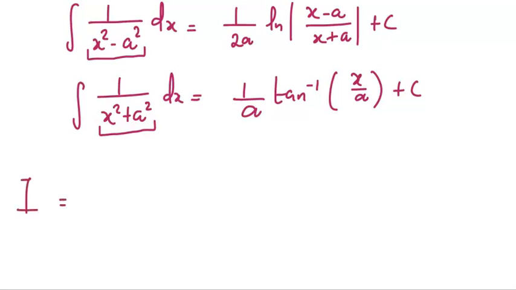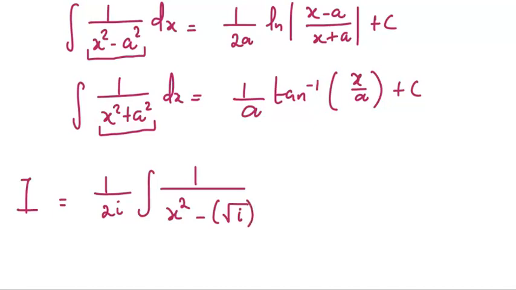So our I is equal to 1 divided by 2i multiplied by the integral of 1 divided by x squared minus, now i is the same as when you take the square root of i and then you square it. Oh, this is cool, right?